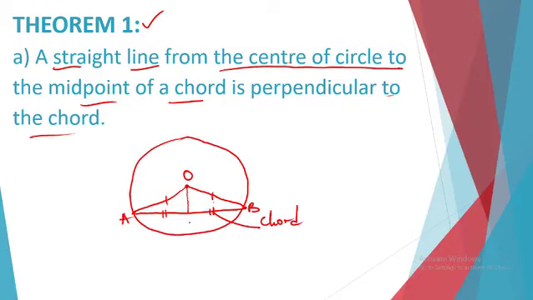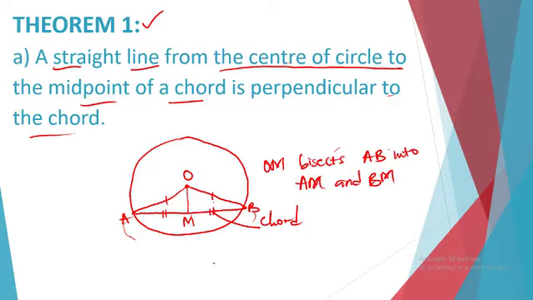So in this, let's call here M. We say that OM bisects AB, which is this line here, line AB, into AM and BM. Do we understand now? So this line OM is a straight line which bisects the chord.